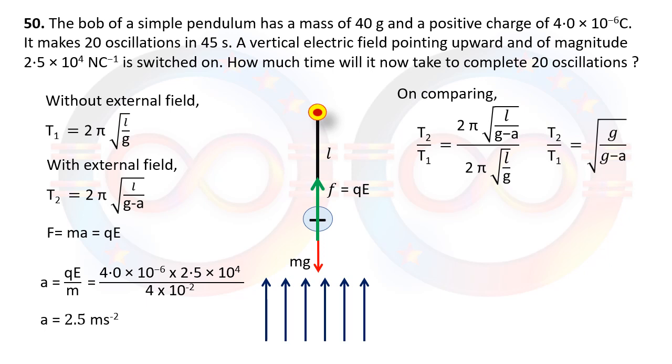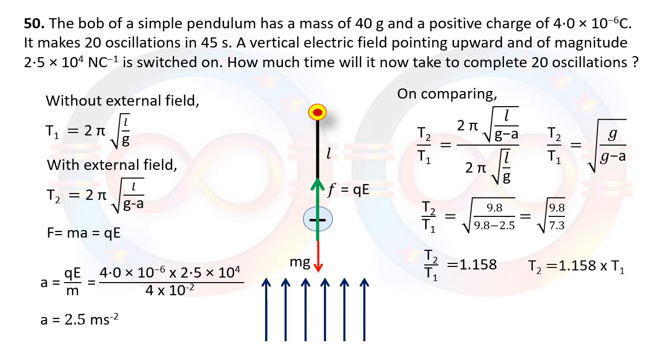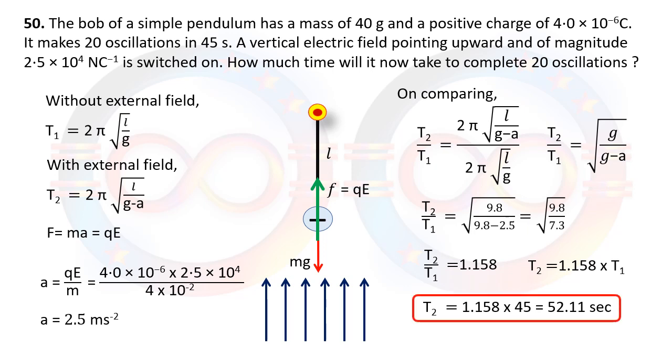It is nothing but g upon g minus a. g is 9.8, a is 2.5. So the final value will be 9.8 upon 7.3. The ratio after taking the square root as well is 1.158. So T2 is equal to 1.158 into T1, which is 45 seconds. It is nothing but 52.11 seconds. Approximately we can take 52 seconds.